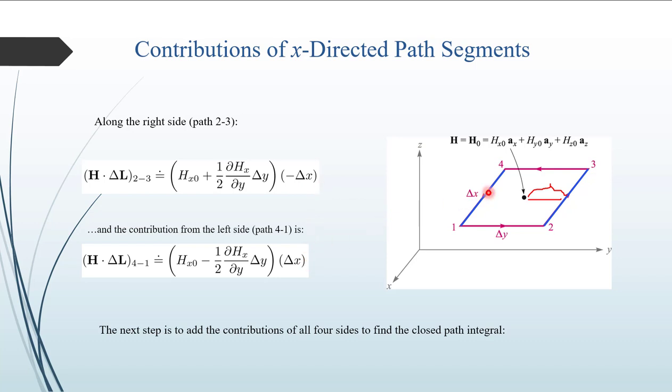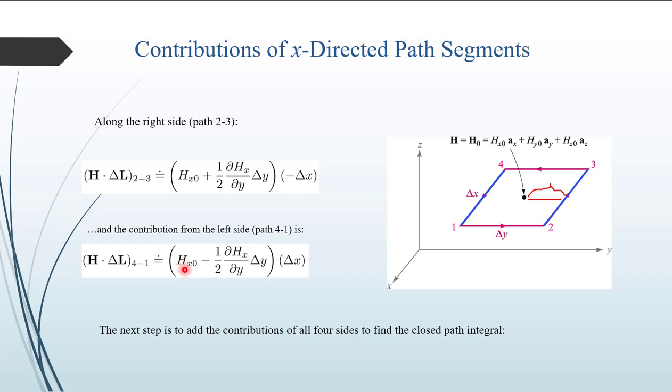Similar to this, there is one more path from 4 to 1, but for this path, what is delta L? The length equation is delta x into ax cap. What is h for this path? It is hx naught, which is present at the center. That hx is displaced by a distance of delta y by 2 towards negative y-axis.